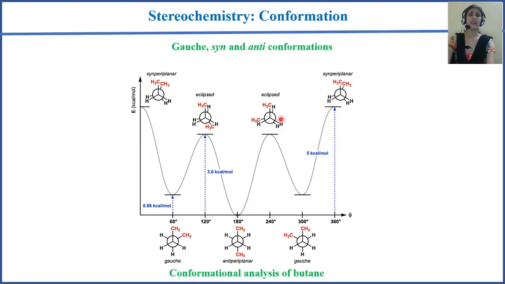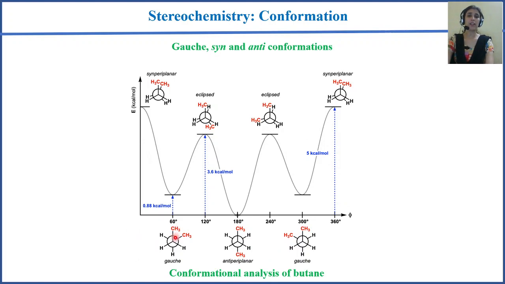After another 60-degree rotation we will again get an eclipsed conformation, which is similar to this. And if we rotate this, we will get this one again. This is a staggered one, but here two methyl groups are at a 60-degree dihedral angle separation. So this is similar to this one.